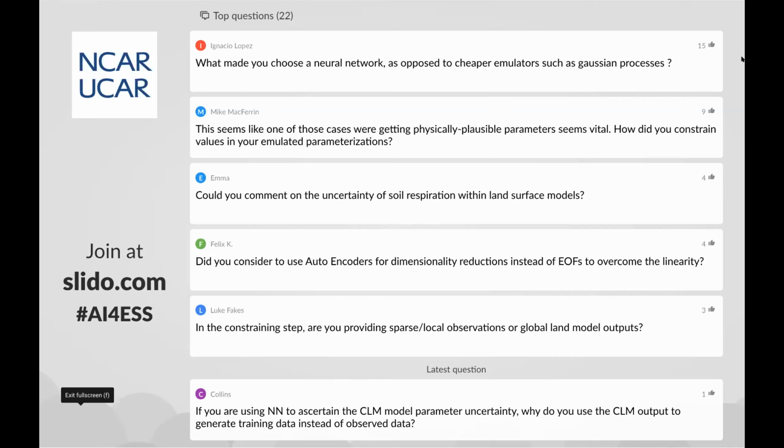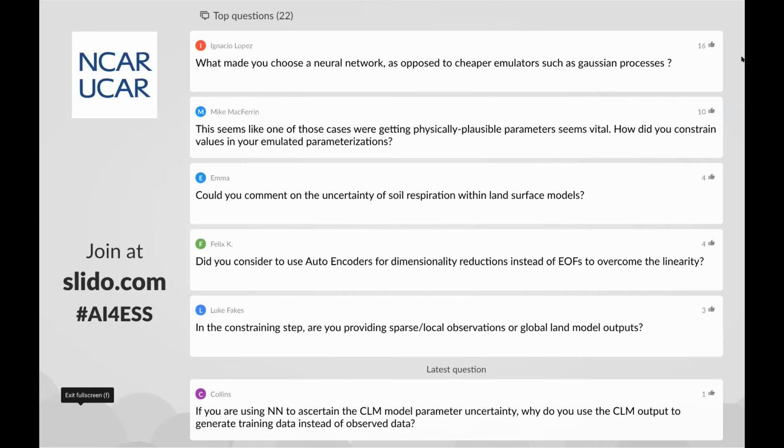So we were starting from that point of having some previous work using artificial neural networks that worked pretty well. I will also say that in this context, the emulator is pretty cheap, so I didn't worry too much about that as a factor. But it's a good question.